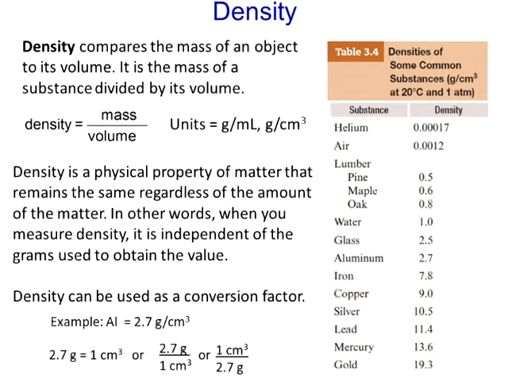Okay? So, for example, take a look at the table on the right side of this slide. Copper has a density of 9.0 gram per mil or gram per centimeter cube. If I hold 1 pound of copper or 1 kilo of copper in my hand, the density of that copper is 9.0 gram per centimeter cube.